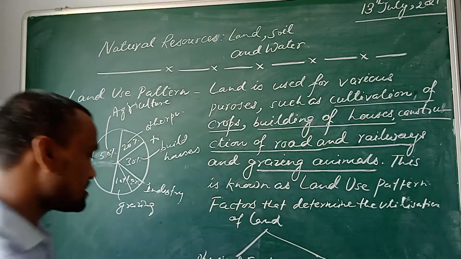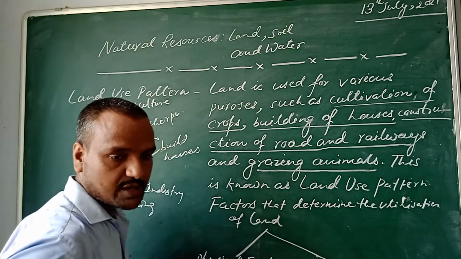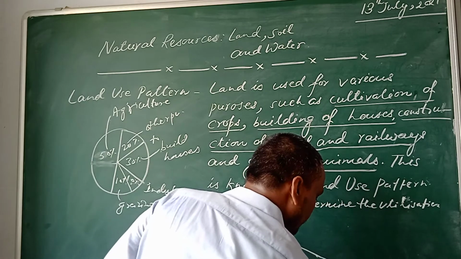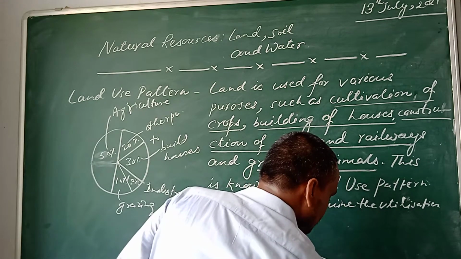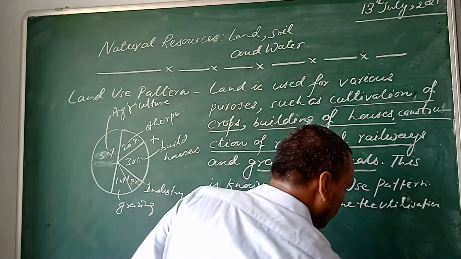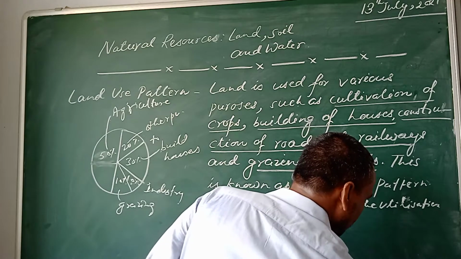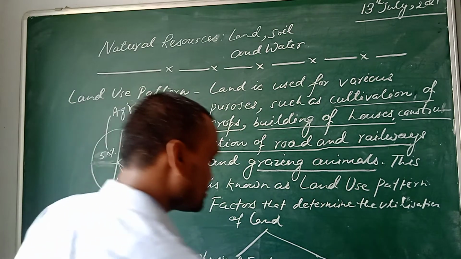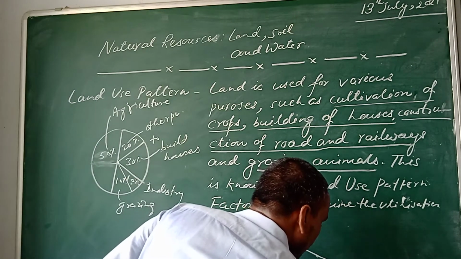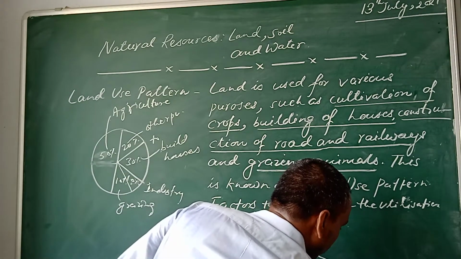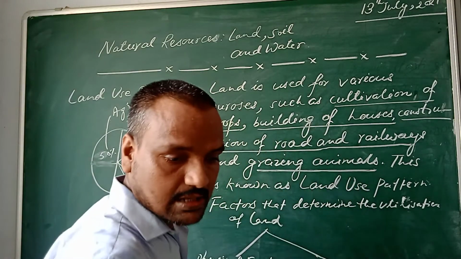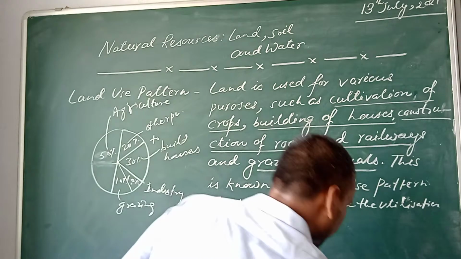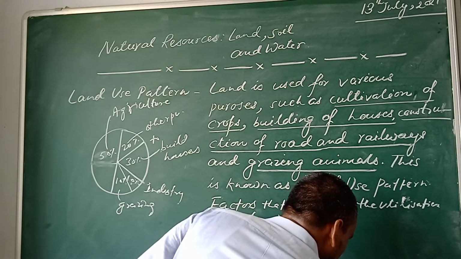These conditions are called physical factors. I am going to explain it to you a little later on. And the second is human factors: the density of population residing in a place, thereafter technology, and the last thing is the social requirement of the people.